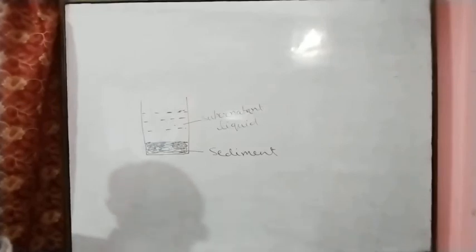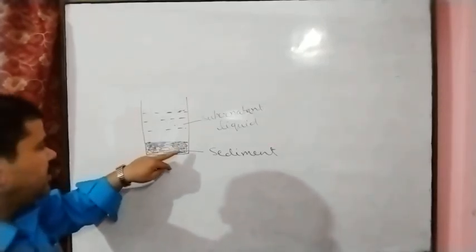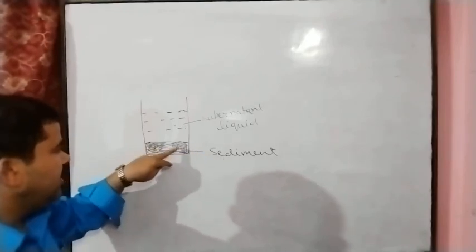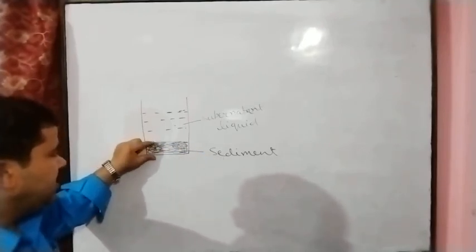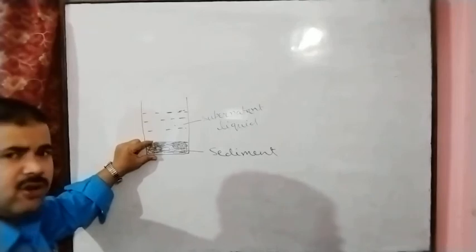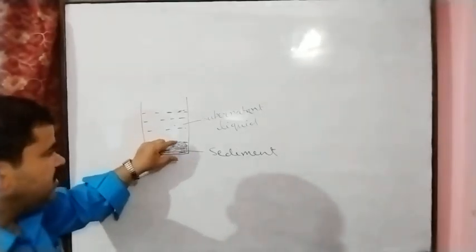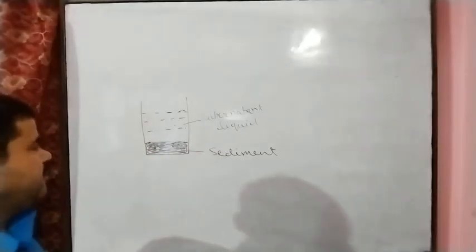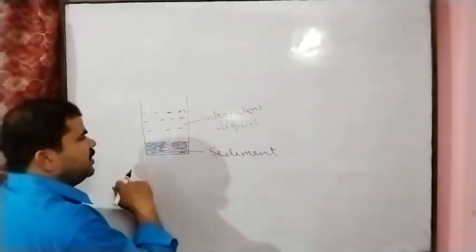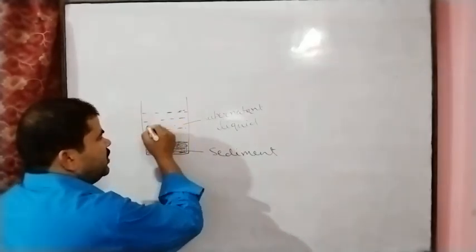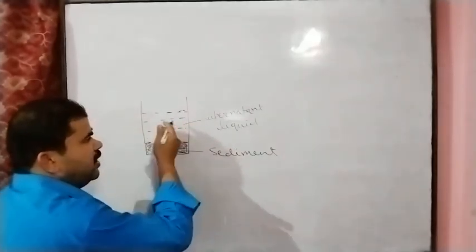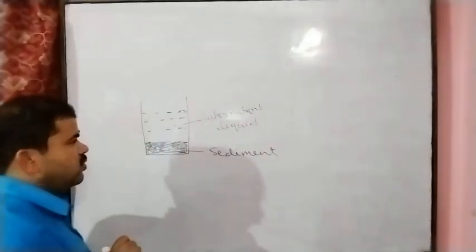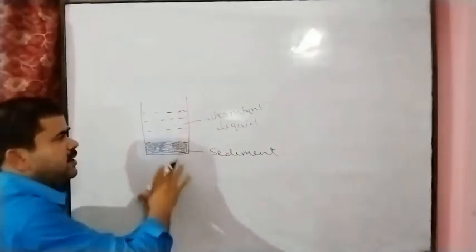If we allow it to stand for some time, the sand particles settle down and develop the sediment layer, meaning all the sand particles settle at the bottom of the container. So we get one sediment layer where sand particles are deposited, and above the sediment layer we get clear water. This is called the supernatant liquid. So this is called sedimentation.